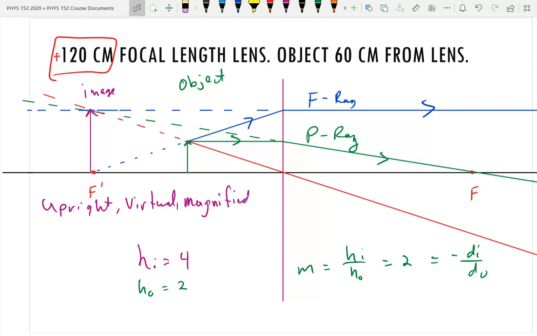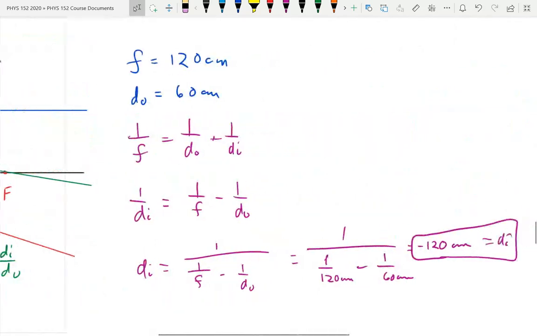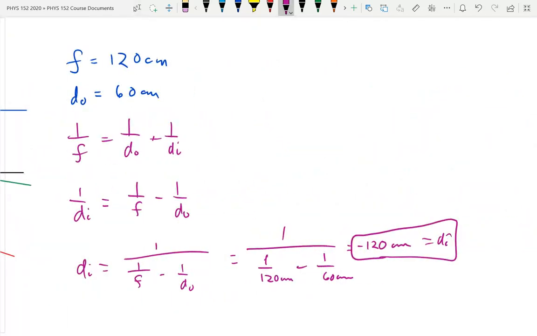So you don't have to do the math on this problem that we're going to do. I'm doing the math so we can see it done both ways. So that's the distance image, the magnification, and this is just going back over what Andy worked out verbally.